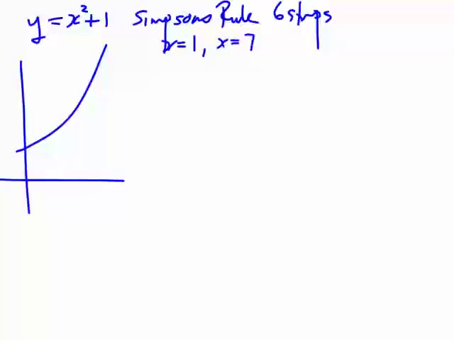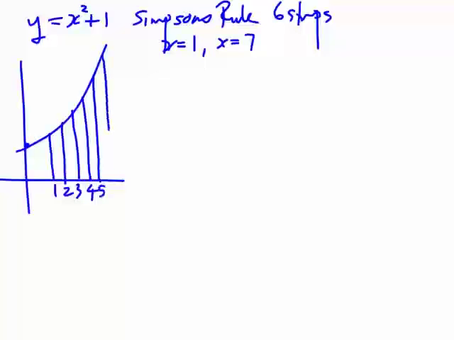So we know this is 1, so we're going at 1, 2, 3, 4, 5, 6, 7. So the heights will be, let's have a quick look at the heights.